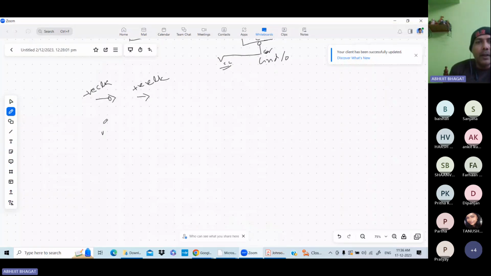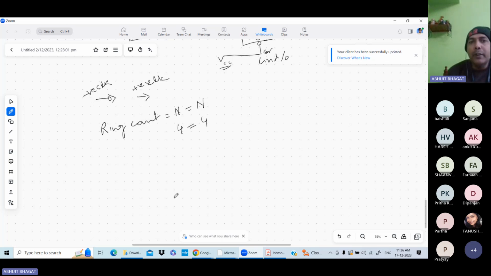If the number of flip flops is n then you can count maximum n counts. In the previous case we used 4 flip flops, we count maximum 4 counts. Okay, here in case of Johnson counter or twisted ring counter the count value is increased.